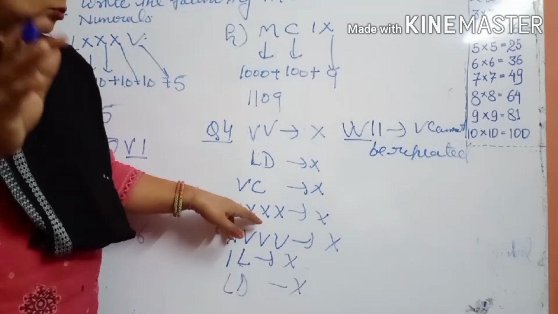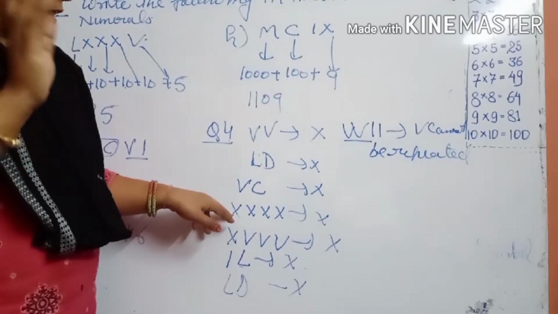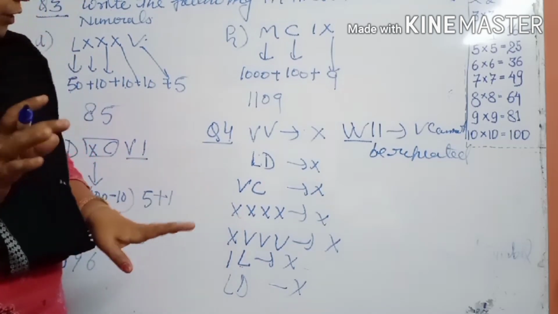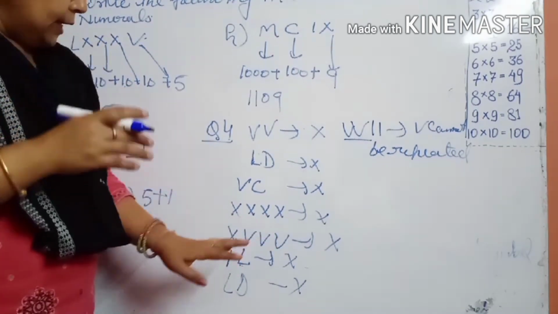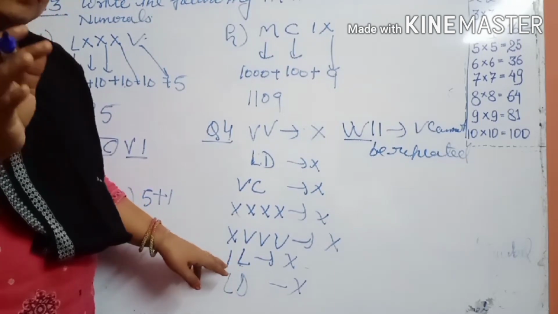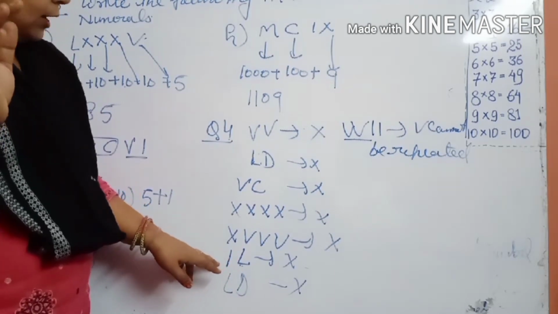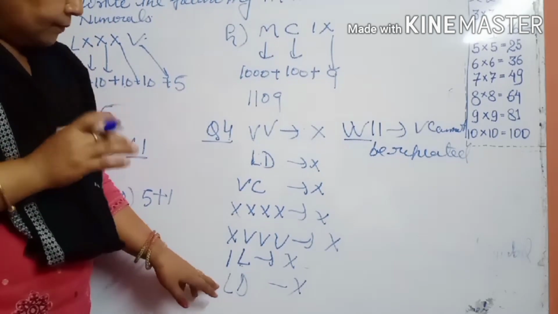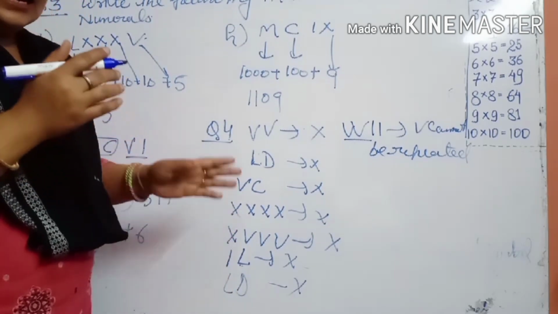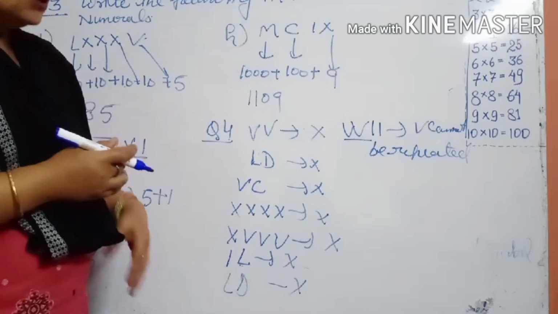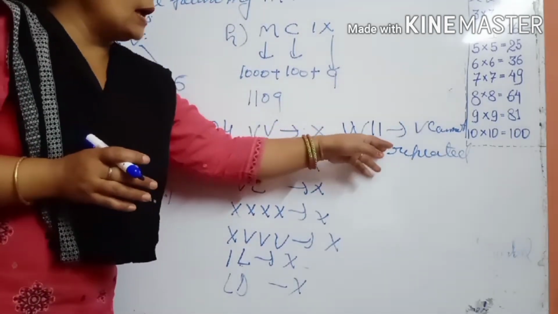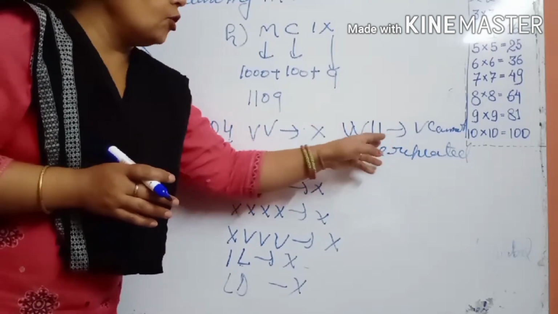We can use any symbol a maximum of 3 times, not more than that. Here it is coming 4 times, so it is wrong. V cannot be repeated. Here 1 can be subtracted only from 5 or 10, not more than that. For LD, V, L and D are never written on the left and right side of the greater values, and 2 times V cannot be repeated.